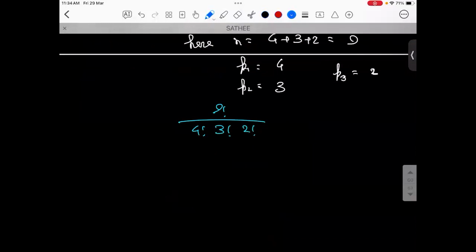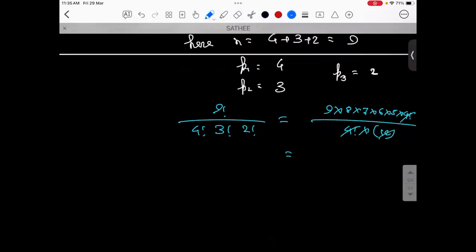Now let us calculate a little bit. We get 9 into 8 into 7 into 6 into 5 into 4 factorial, divided by 4 factorial into 2 factorial, which is 2, and 3 factorial, which is 6, so that is divided by 12. Now 4 factorial can be cut.